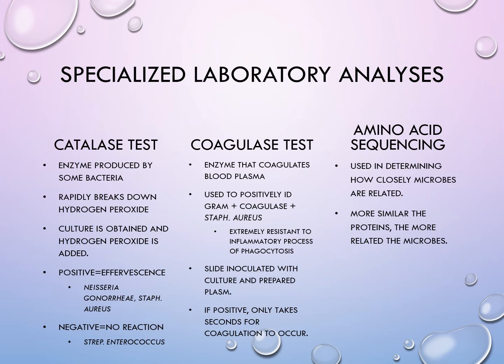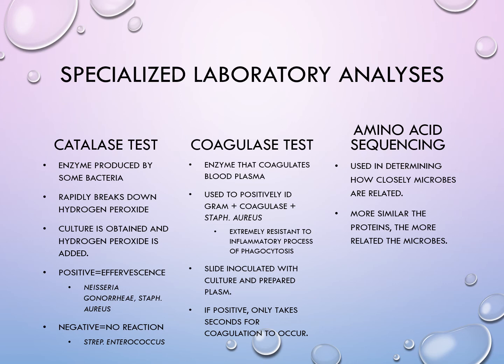Okay, so we're going to talk about some different types of laboratory analyses, and the first one is the catalase test. Catalase is an enzyme, right? It causes some sort of reaction to occur. It's an enzyme that's produced by bacteria, and it rapidly breaks down hydrogen peroxide.